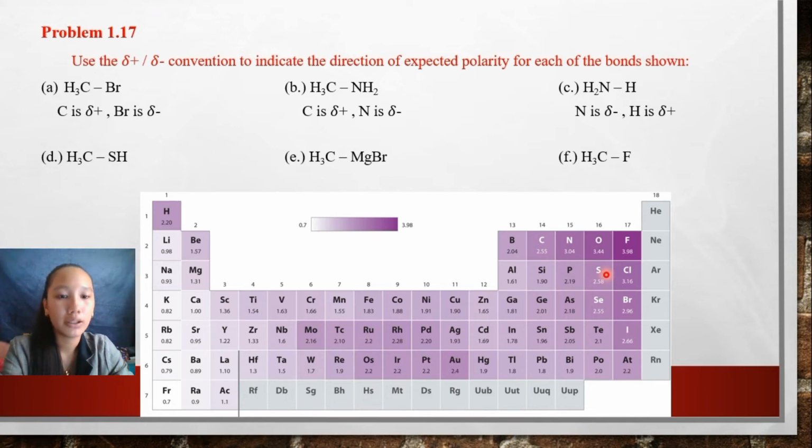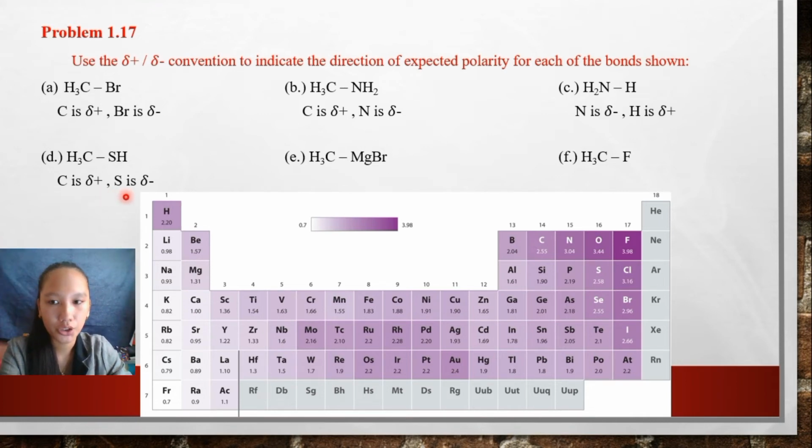Comparing the two elements, we can already see that S is more electronegative than C because it has a value of 2.58 and C only has the value of 2.55. Therefore, our answer is C is partially positive and S is partially negative.